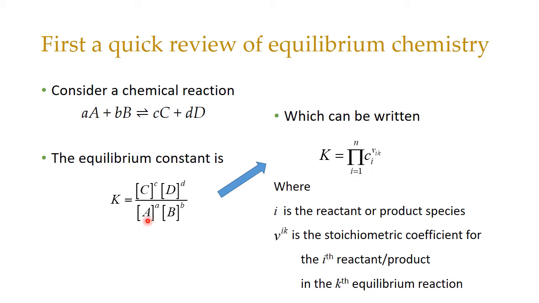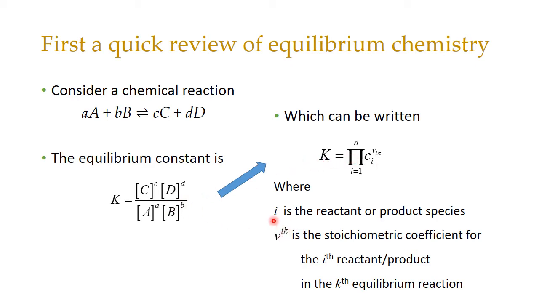So if here is I is 1, I is 2, and these coefficients, these stoichiometric coefficients, that's what this is. So for reactants, these stoichiometric coefficients are negative, and for products, they're positive. So multiplying all these things together is exactly the same as this.